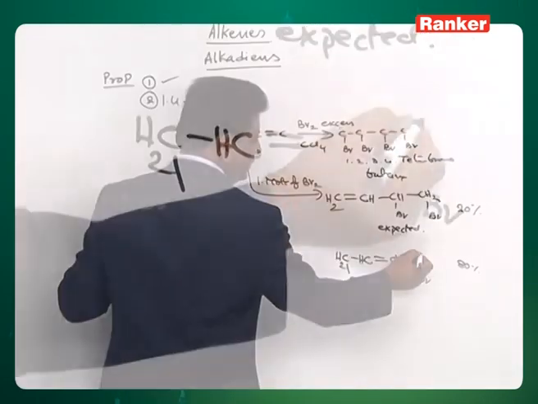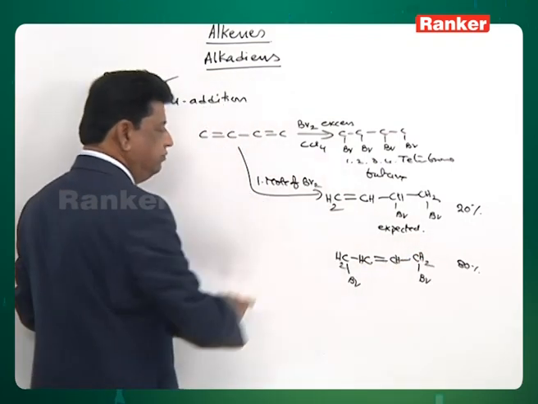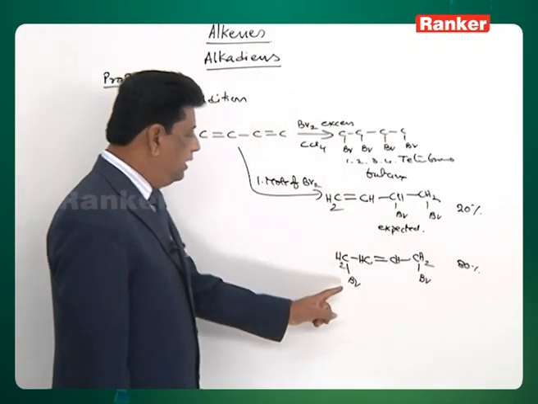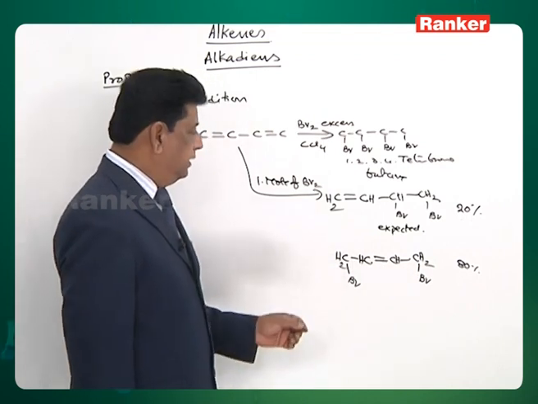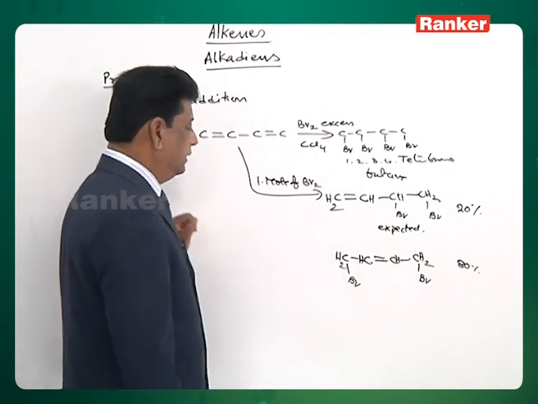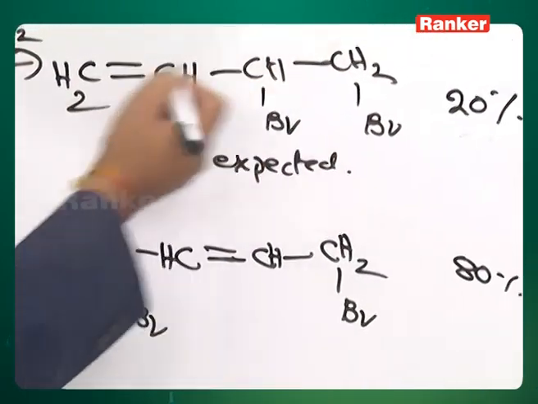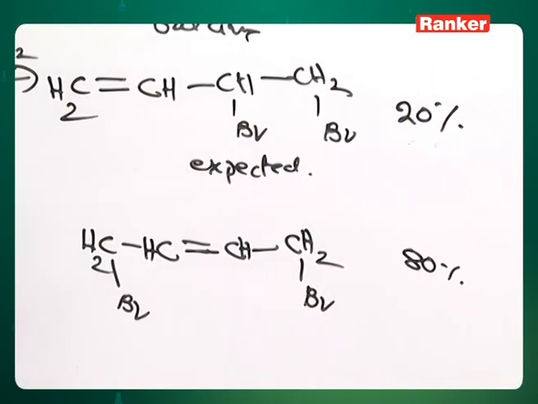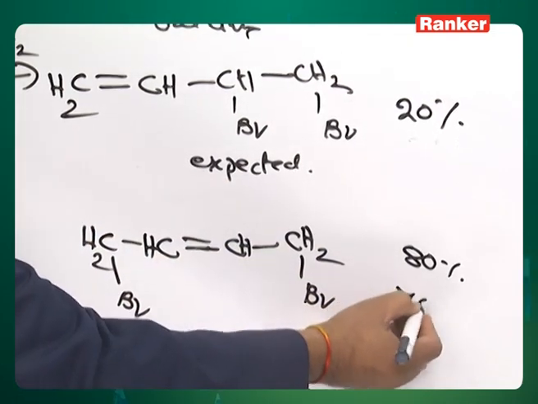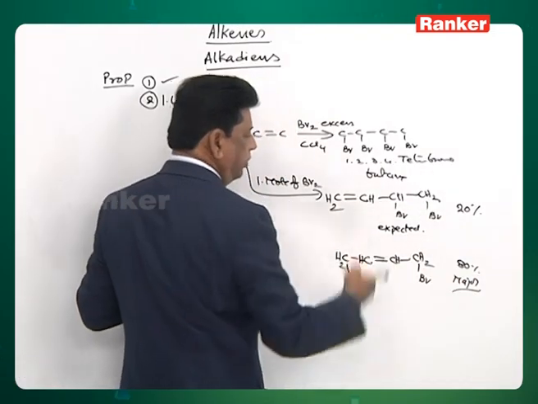Hydrogens are as they are, but the double bond position is shifted to the center. Bromines are added on the terminals, and the double bond is found in the center. This is the unexpected product. This you can call 1,2 bromo. This is 1,4 bromo, isn't it? 80% major product went to the unexpected product.